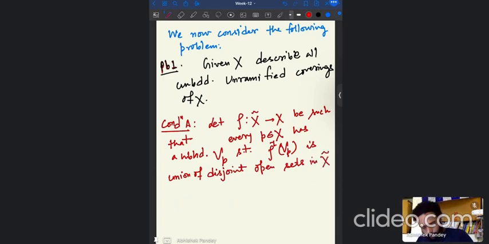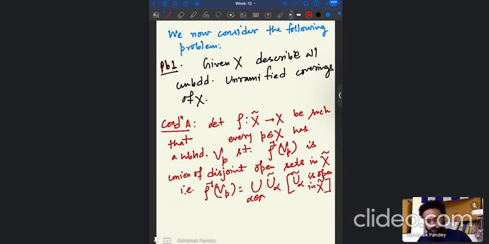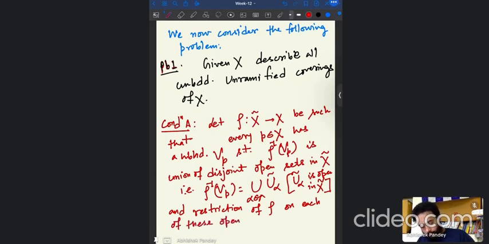That is, rho inverse VP is nothing but the union of U alpha tilde, the disjoint union, where each U alpha tilde is open in X tilde, and the restriction of rho on each of these open sets is a homeomorphism onto VP.